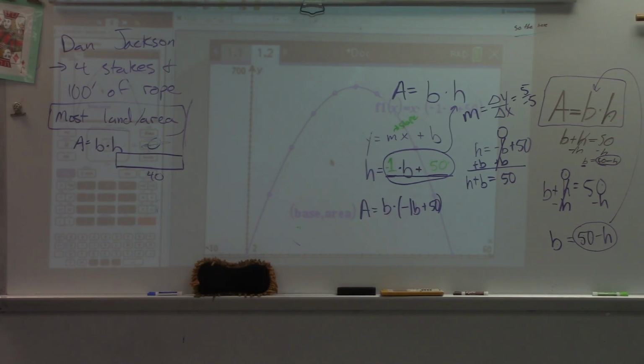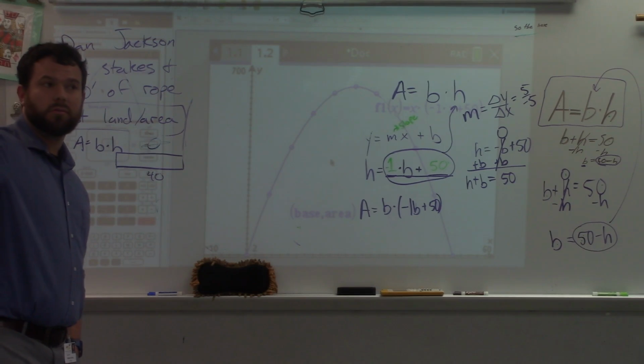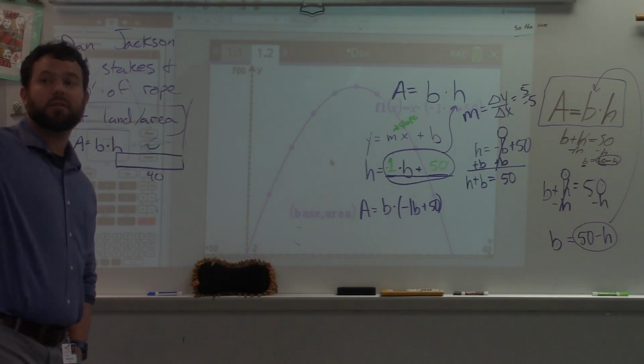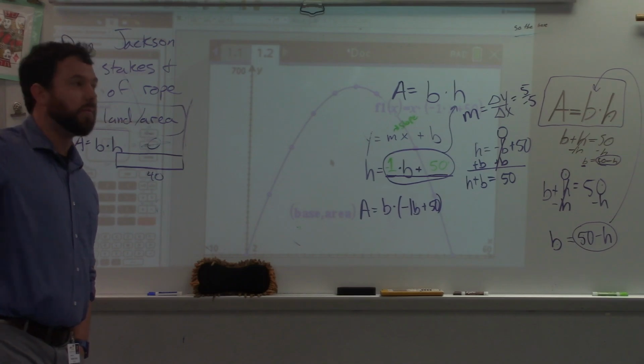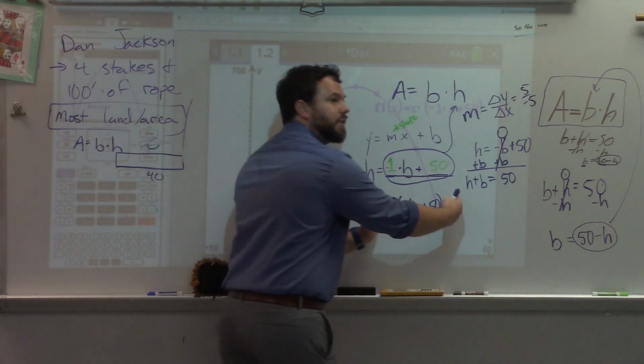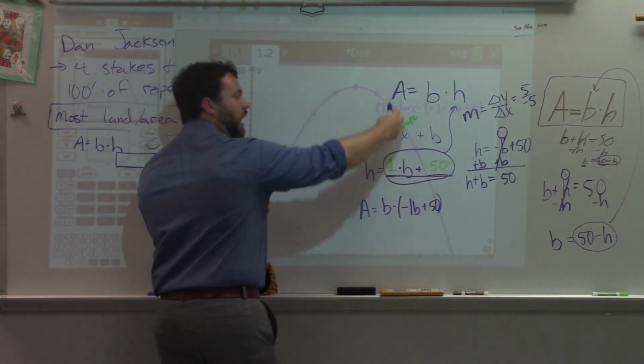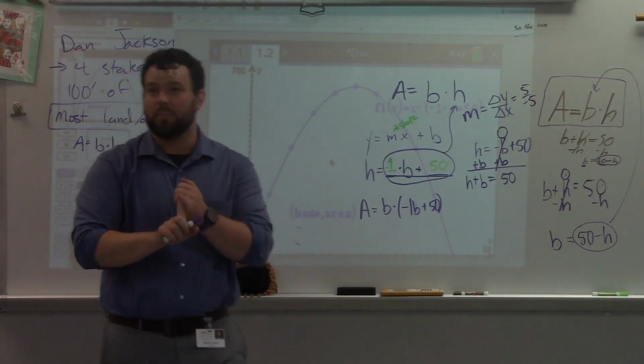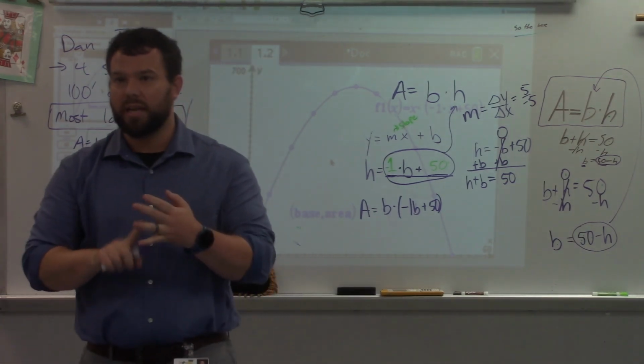So they're equivalent because no matter the representation, the same input maps to the same outputs. Why are these equivalent? Because it doesn't matter whether it's an equation or whether it's a graph, the same inputs are mapping to the same outputs.